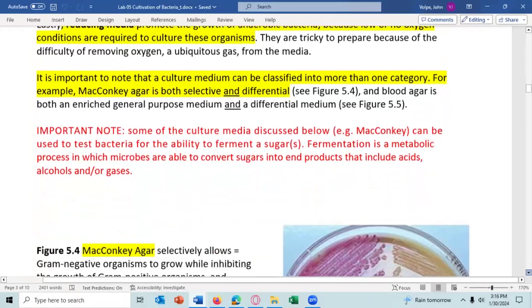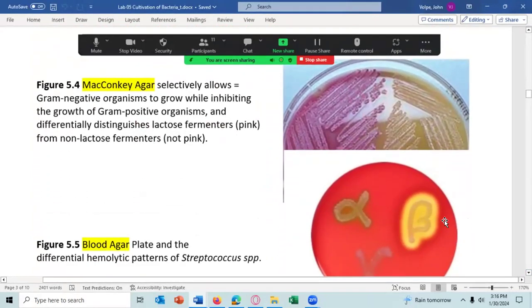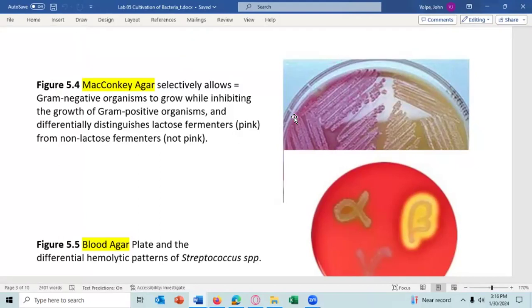Let me show you the picture of that. MacConkey's agar is selective in that if you see growth on the MacConkey plate, then it's likely to be gram-negative, because gram-negatives will grow on MacConkey's agar, or MAC as a shorthand. And gram-positives tend not to grow. You don't need to know this, but they do have bile salts in it.